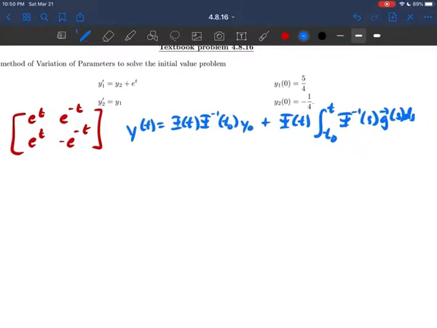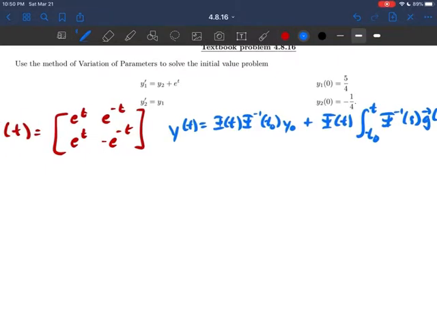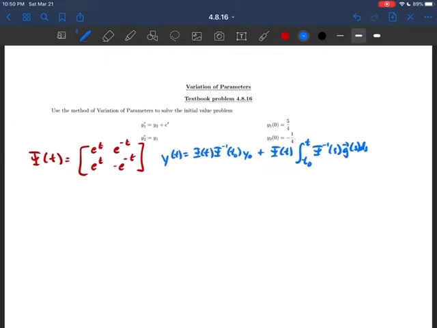That's a lot of stuff. That's an awful lot of stuff. You can see we're going to need a few things here. So one, we have C of t. We're going to need, in a couple of places, C inverse. So we need the inverse there and in the integral over there. So our first step is going to be to just calculate what that inverse is.